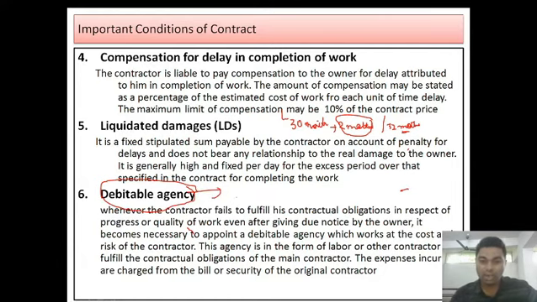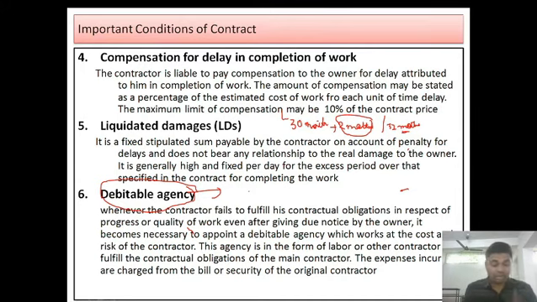When the owner, after giving written notices to the contractor, finds that the contractor is not replying or not doing the work accordingly, the owner and contractor both hire one debitable agency, one committee, to discuss whose fault this is. This will be done at the expense of the contractor's money. The owner won't be paying anything for this agency. So the owner and contractor move to a third party, a mediator or intermediate person, to discuss.